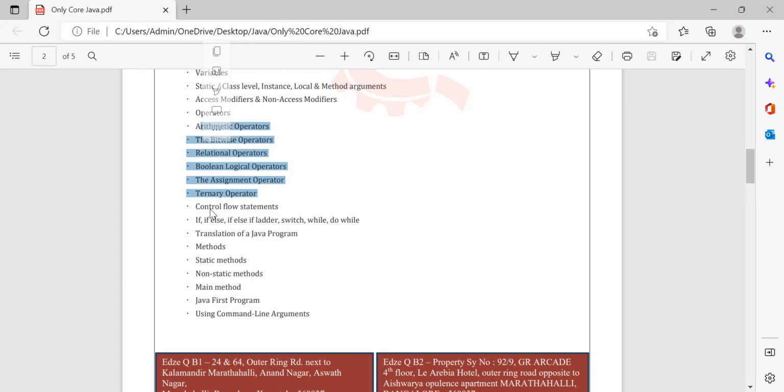For example, if and if else, for, switch, while and do while are the control statements. Okay, that is the thing actually.